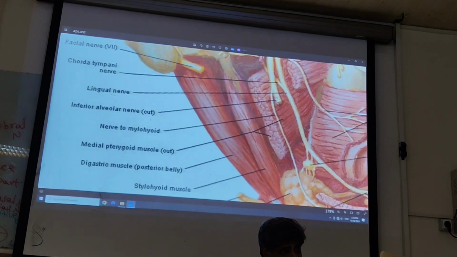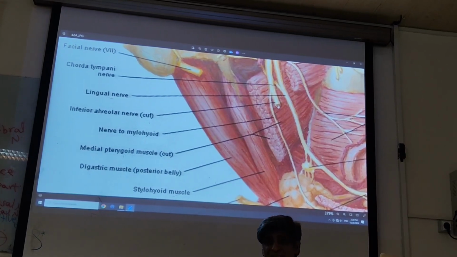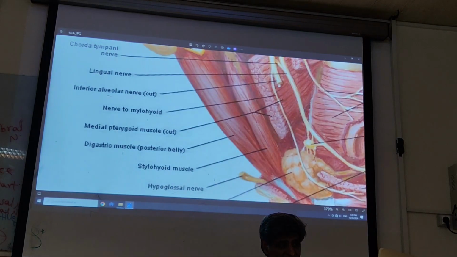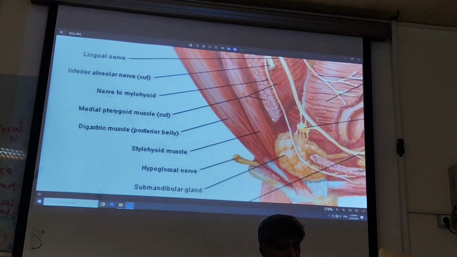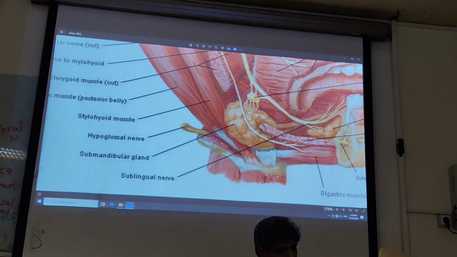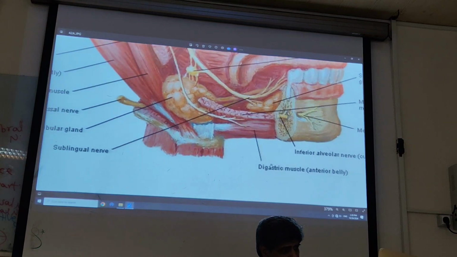Another branch, the inferior alveolar nerve, the largest branch from the posterior division. This nerve gives the nerve to mylohyoid, carrying motor fibers. It innervates the mylohyoid muscle and the anterior belly of digastric.